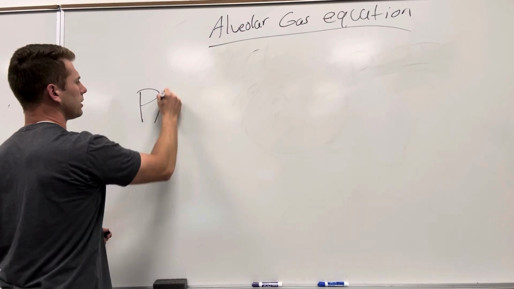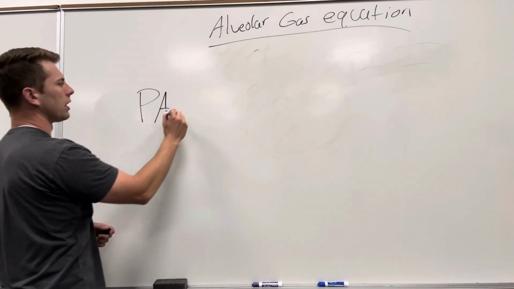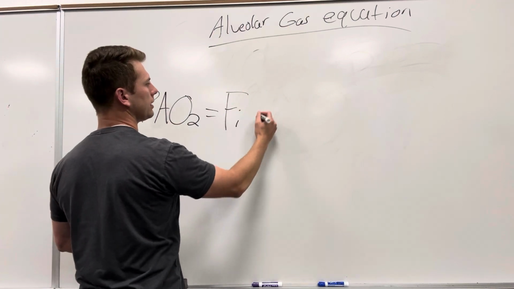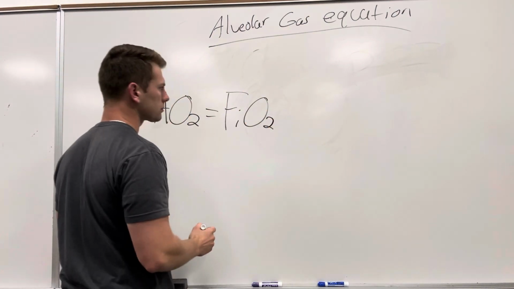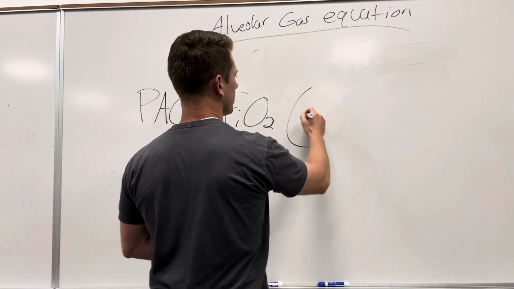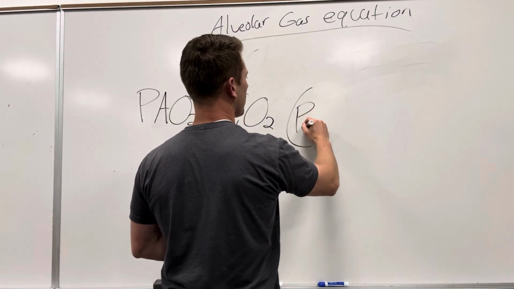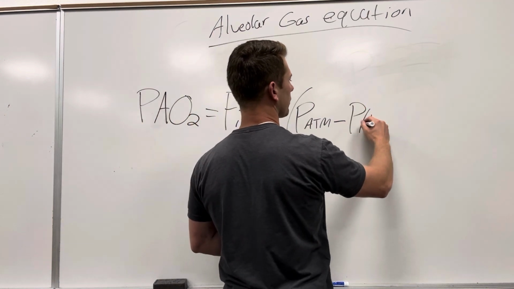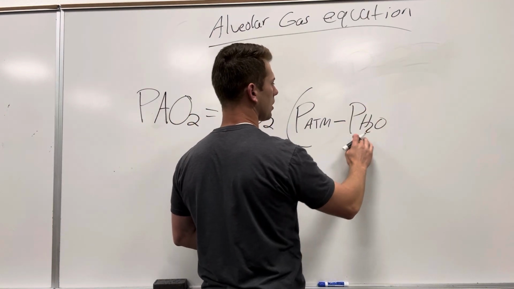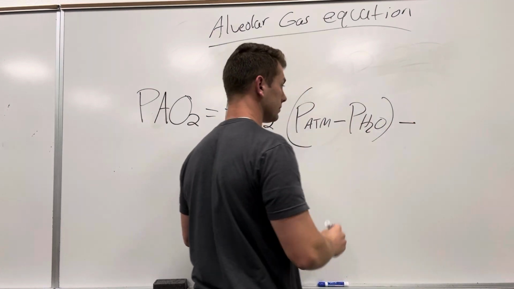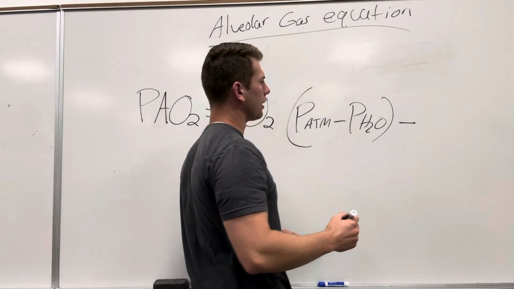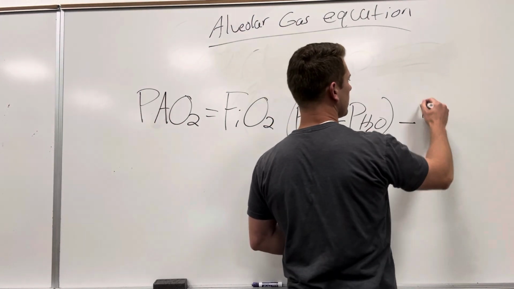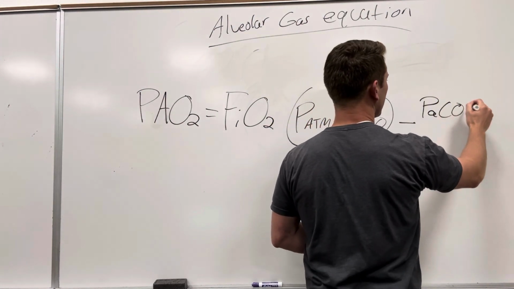So it's big A, because it's the pressure in the alveoli of oxygen, is equal to FiO2 times the pressure of the atmosphere minus the pressure of water, minus PaCO2, I believe.